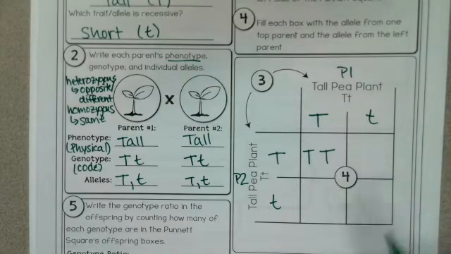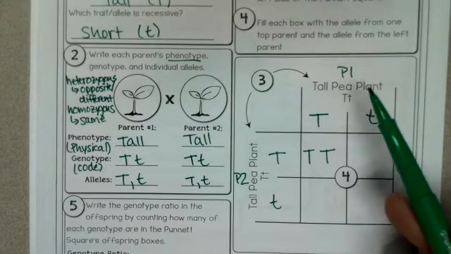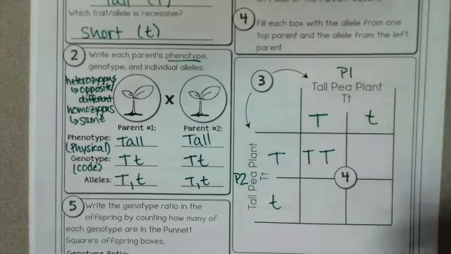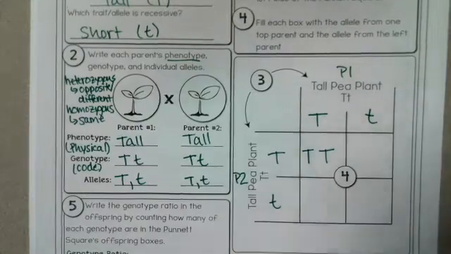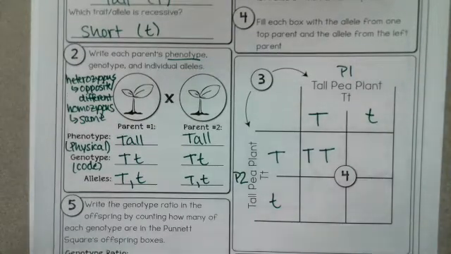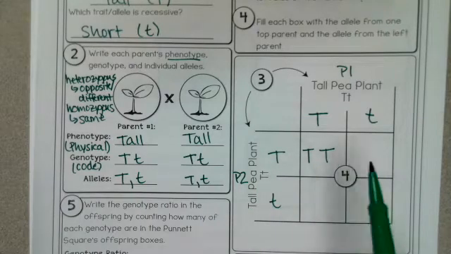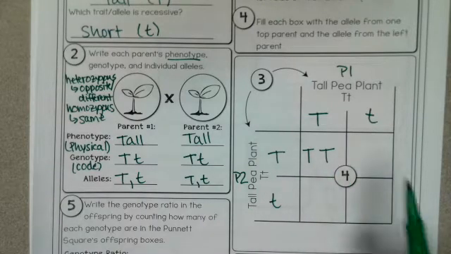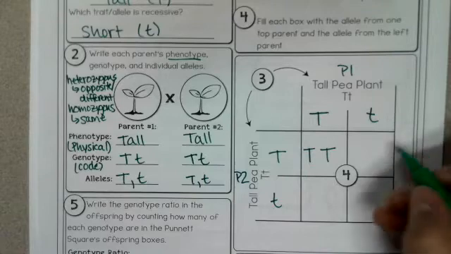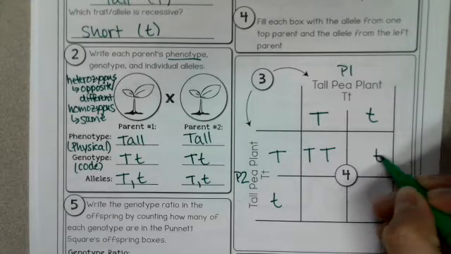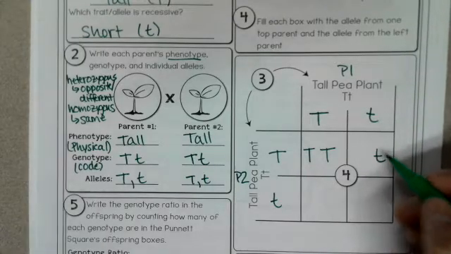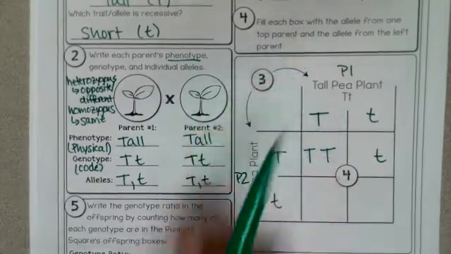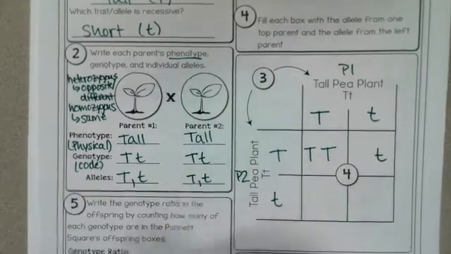All right, on to baby number 2. As we can see, parent number 1 is going to donate a recessive allele. The thing we need to remember is that we don't quite know what parent number 2 is going to donate. And because we always put the recessive allele at the end, we need to make sure that we're putting that t here over on the side, because once again, we don't know yet what parent number 2 is going to give to baby.